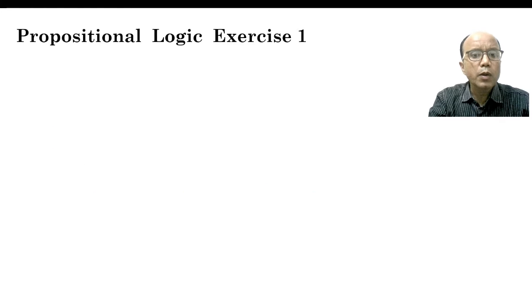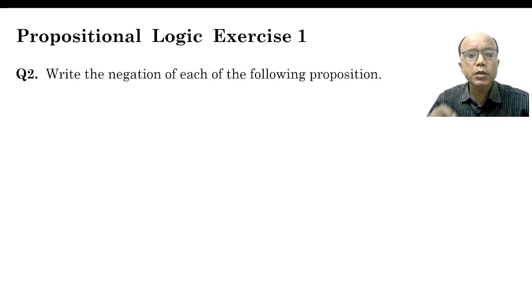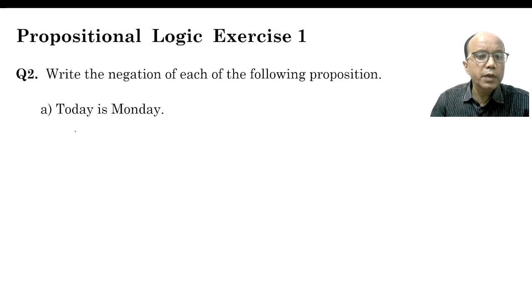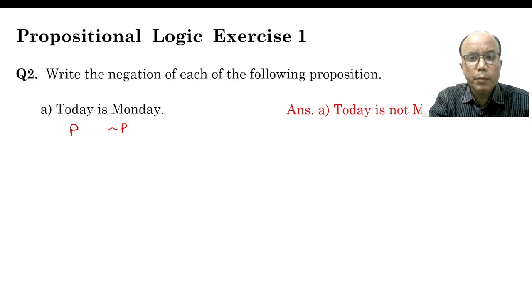Now, second thing, how can we write the negation of a proposition? Today is Monday. Simply we can denote it by P. P for today is Monday. So the negation of P is not P. So the answer is today is not Monday.